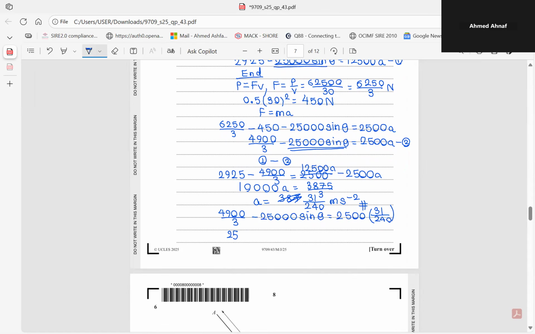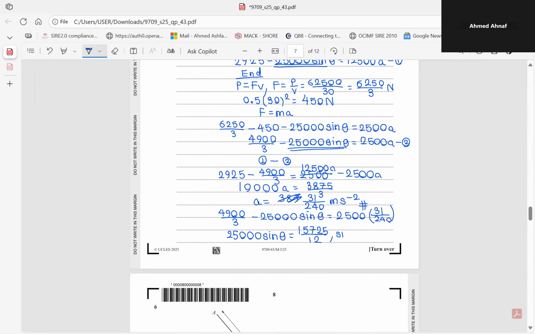So 25,000 sine theta is going to be 4,900 over 3 minus 2,500 times 31 over 240. You'll get 15,725 over 12.